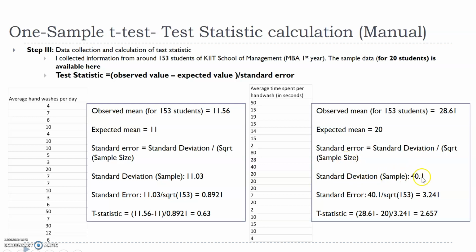The standard deviation is 40.11 for those 153 students. Then the test statistic is my observed value 28.61 minus 20 divided by the standard error, which gave me a value of 2.657. So that is the third step of my one sample t-test.